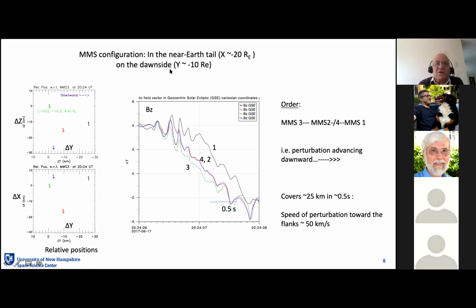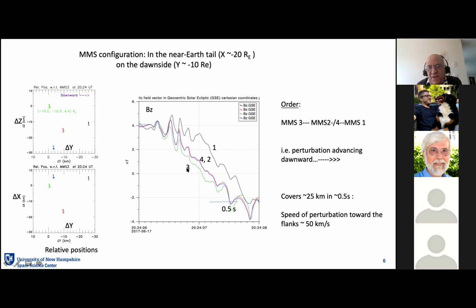So first of all, the configuration of MMS: where is it? It's in the near tail, about X minus 20, and on the dawn side, so Y is negative. Here on the right, we have a picture of a BZ transition in the field and how it is seen by the various spacecraft.